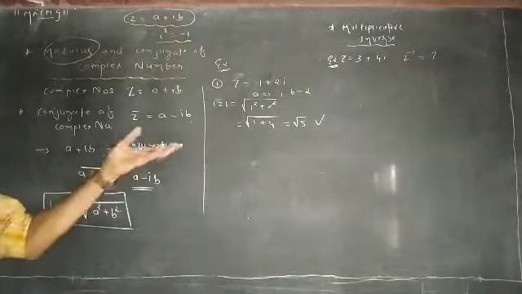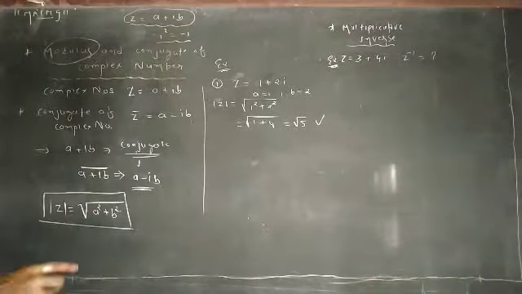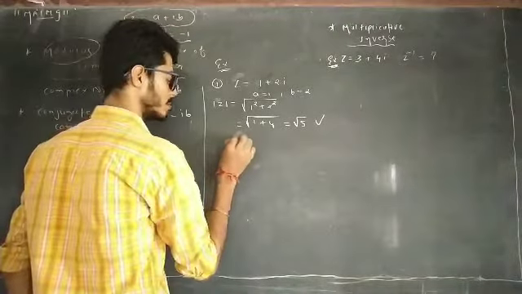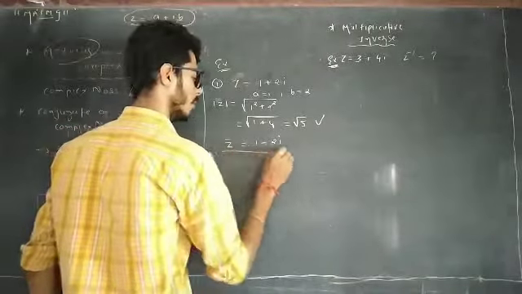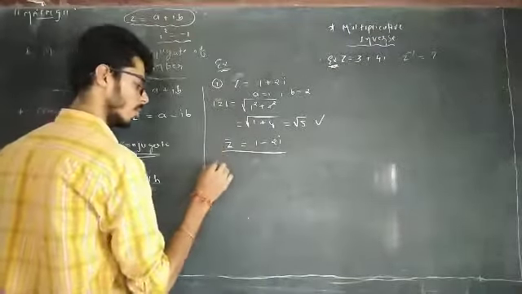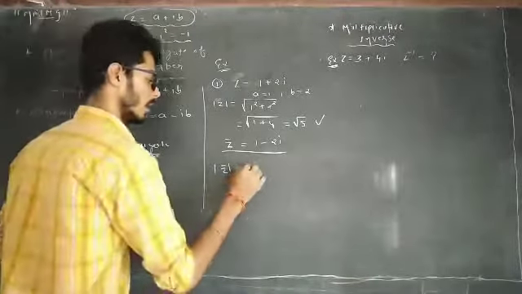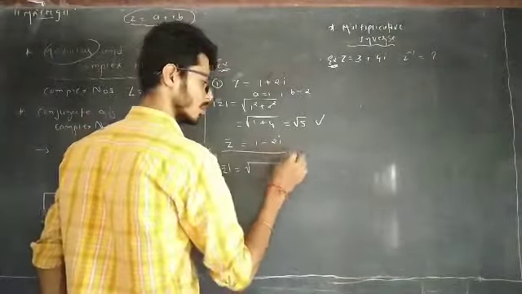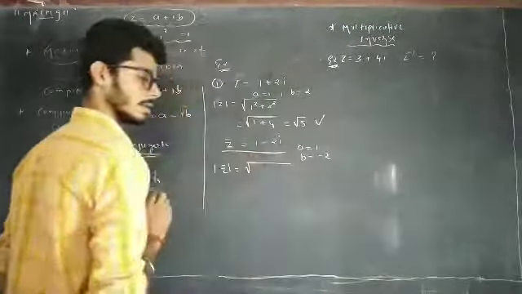We have discussed only the complex number. Now we discuss the conjugate. What is the conjugate of z over here? It is 1 minus 2i. Then what is the mod of the conjugate of that complex number? We know the formula: the value of a is 1 and b is minus 2.